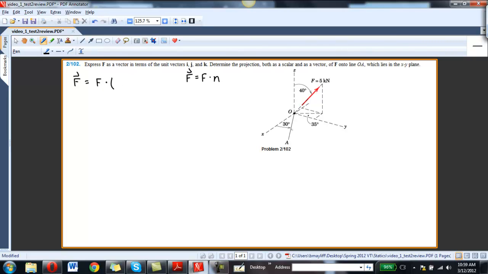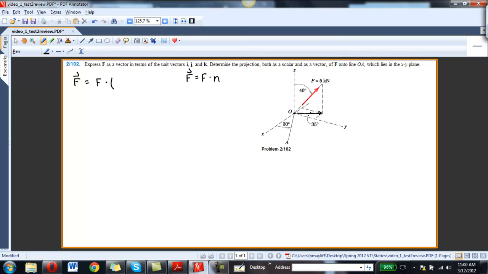Okay, so we start out with x, so it's going to be in the negative direction. Actually, you notice here, that would be if we had the force going across the bottom here.